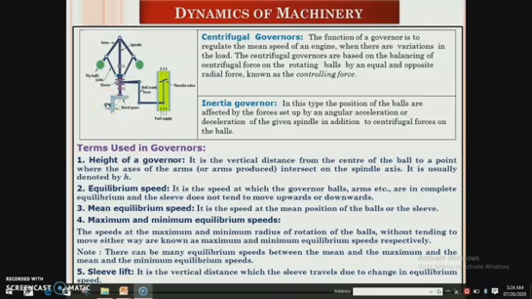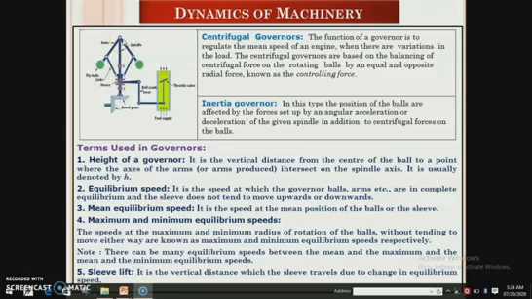The upper ends of the arms are pivoted to the spindle so that the balls may rise up or fall down as they revolve about the vertical axis. The arms are connected by links to a sleeve which is keyed to the spindle.